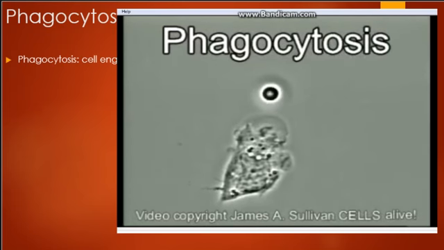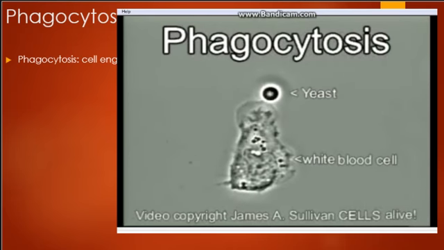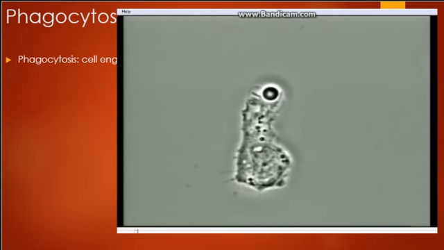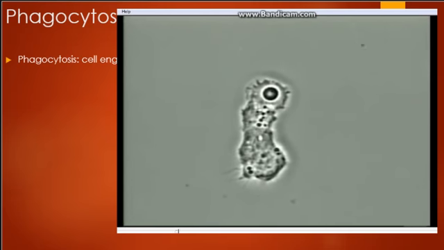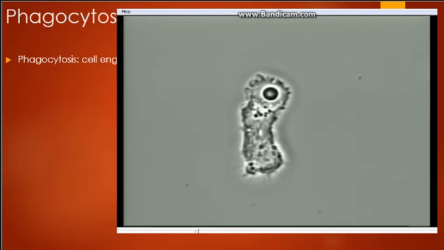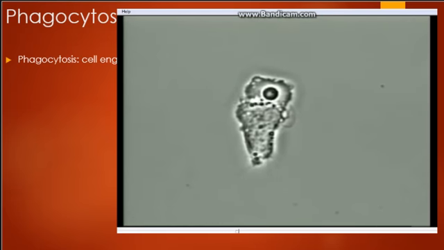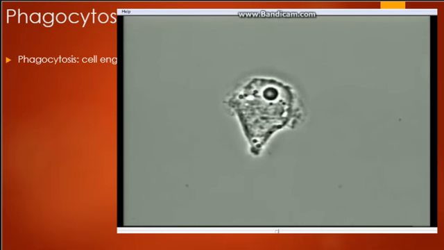This microscopic video shows a white blood cell attacking a yeast cell. The particular species of yeast here is Candida albicans, which is a pathogen, so the white blood cell is eliminating it. This particular white blood cell is called a macrophage, and it eliminates pathogens by phagocytosis. In phagocytosis, the cell simply engulfs what it is trying to attack.